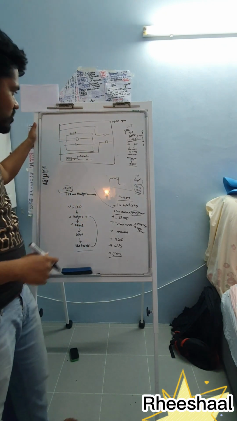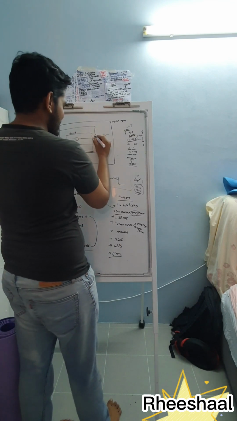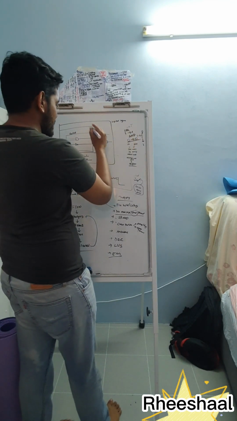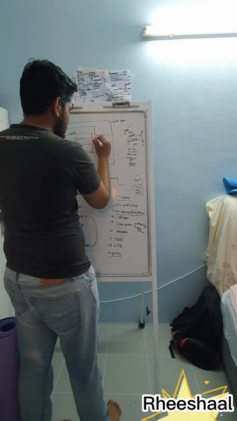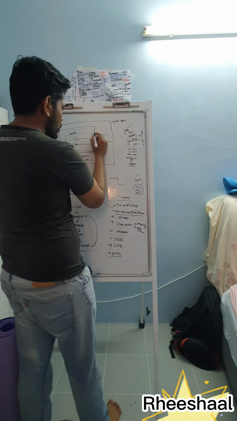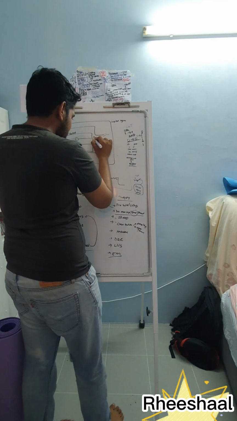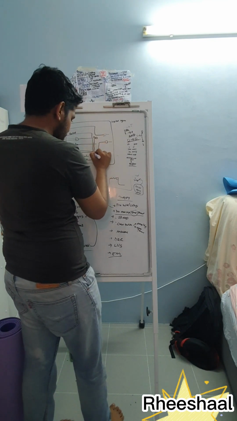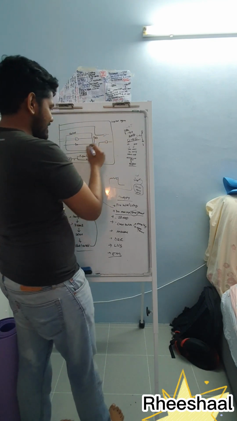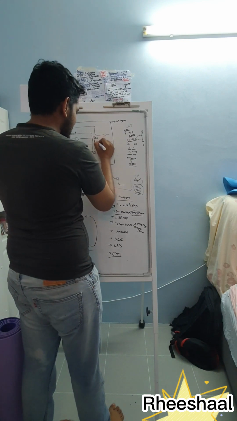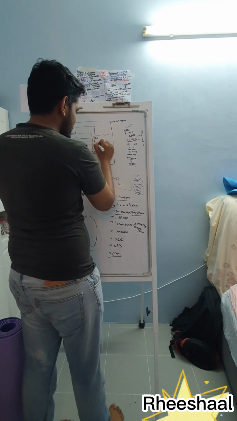I'm going to make this guy an OR gate. So here it is an OR gate. A 1 will be connected over here and labeled as X, and then we connect this OR gate to a 1 here.